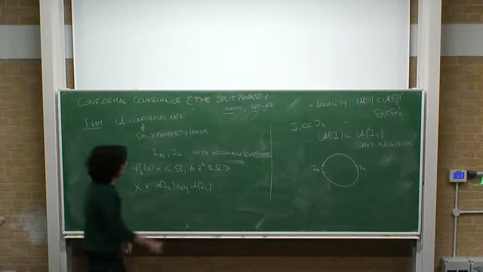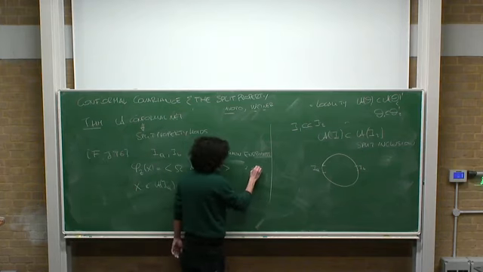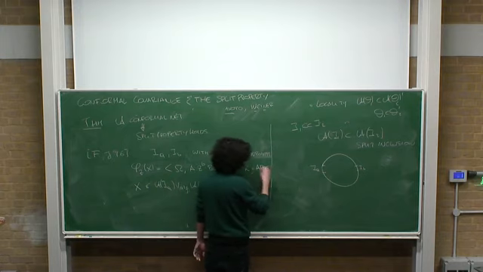Okay, this is defined when x is an element of the form AB, but it's clear that it extends to linear combinations.